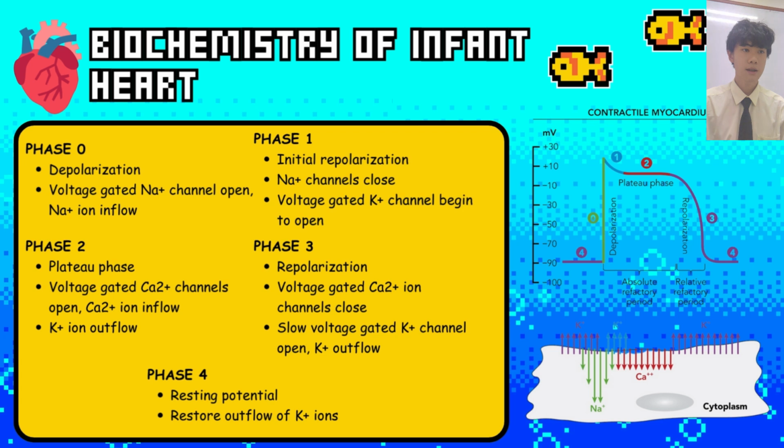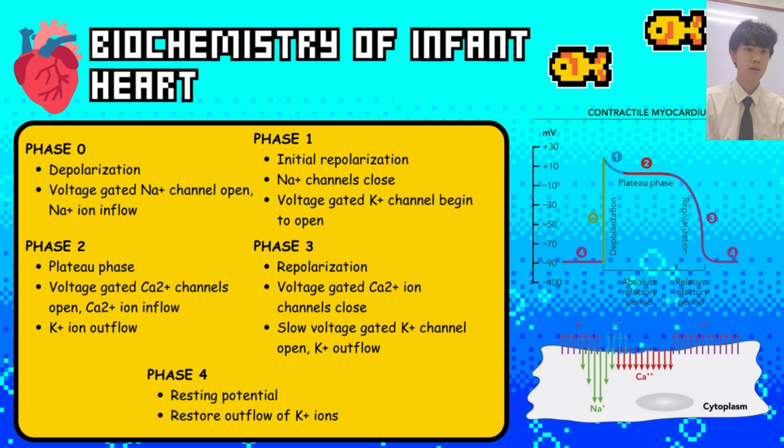Phase 1 is the initial repolarization. As the sodium channels close, the voltage-gated potassium channels begin to open, so some of the potassium begins to efflux to the outside of the membrane. Phase 2 is the plateau phase, which maintains the depolarization.